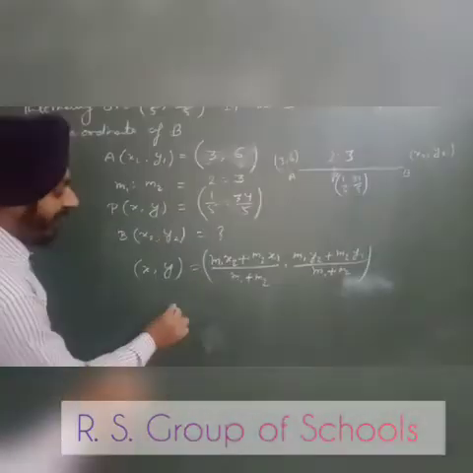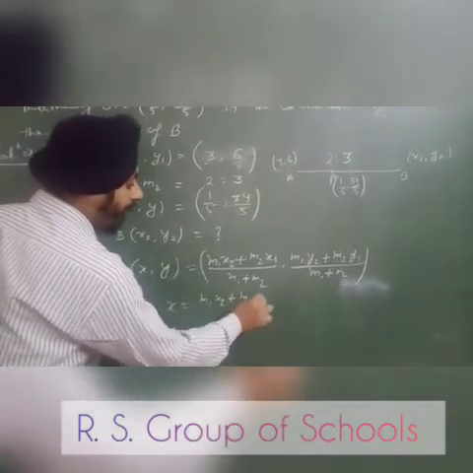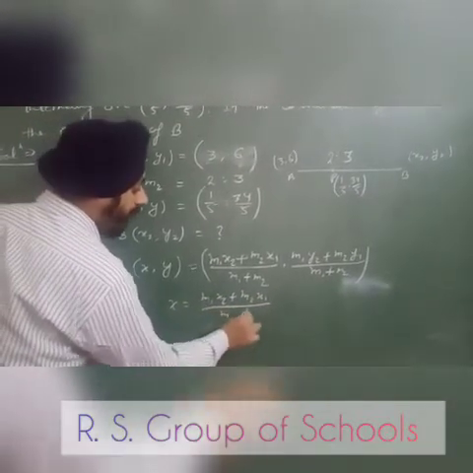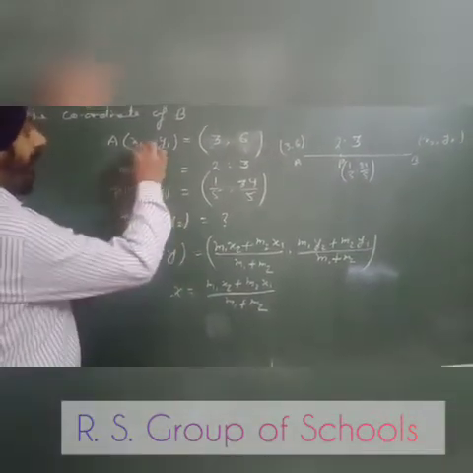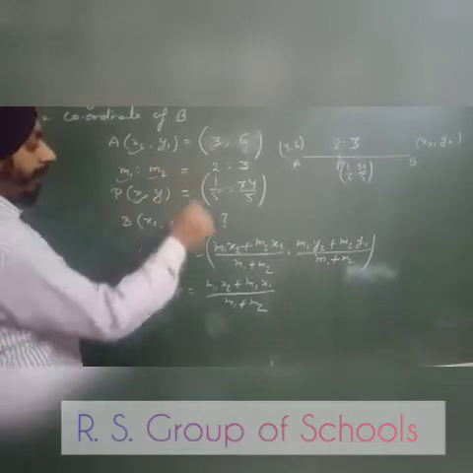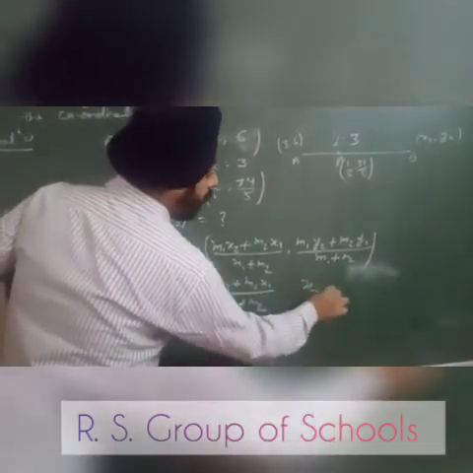First we take x = (m1 x2 + m2 x1)/(m1 + m2). We put the values of x, x1, m1 and m2 in this formula and we find the value of x2.